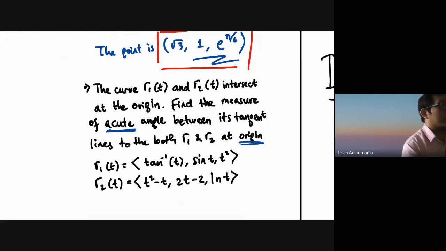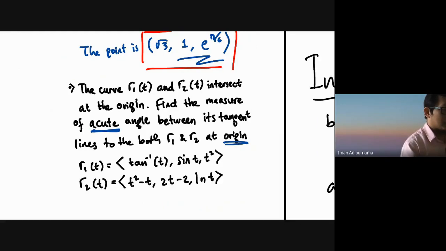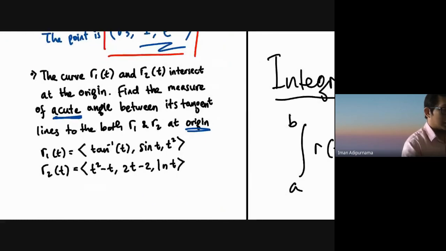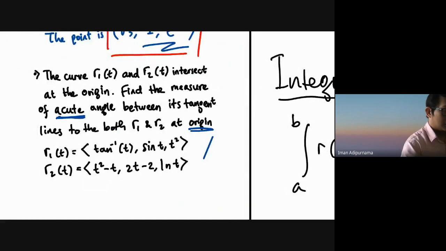Acute means less than pi over 2, 0 to pi over 2. And the question is asking the angle between the tangent. So if this is the tangent, maybe this is R1 prime and R2 prime. We have the angle here, and we need to find this angle.